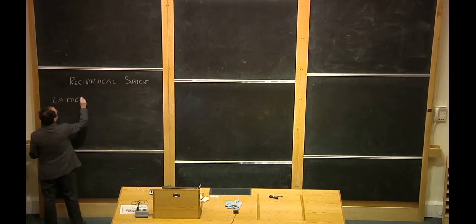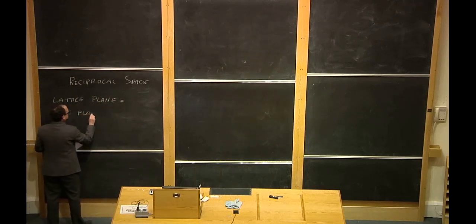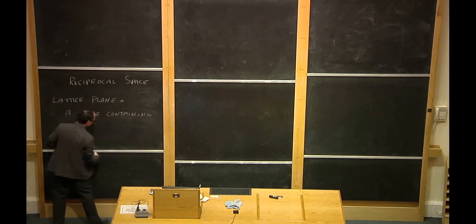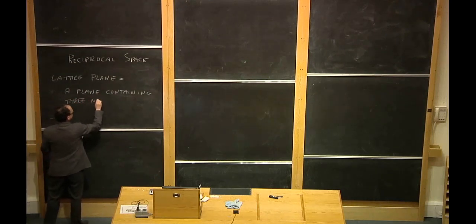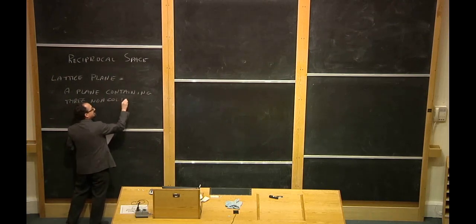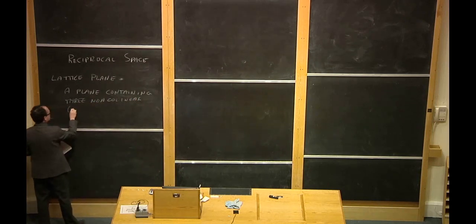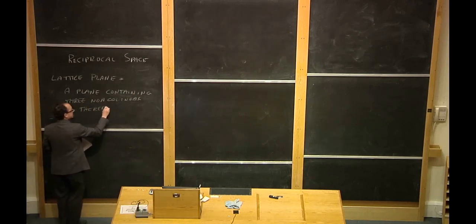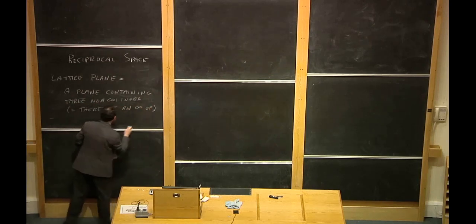A lattice plane equals a plane containing three non-collinear, and therefore an infinity of, lattice points.